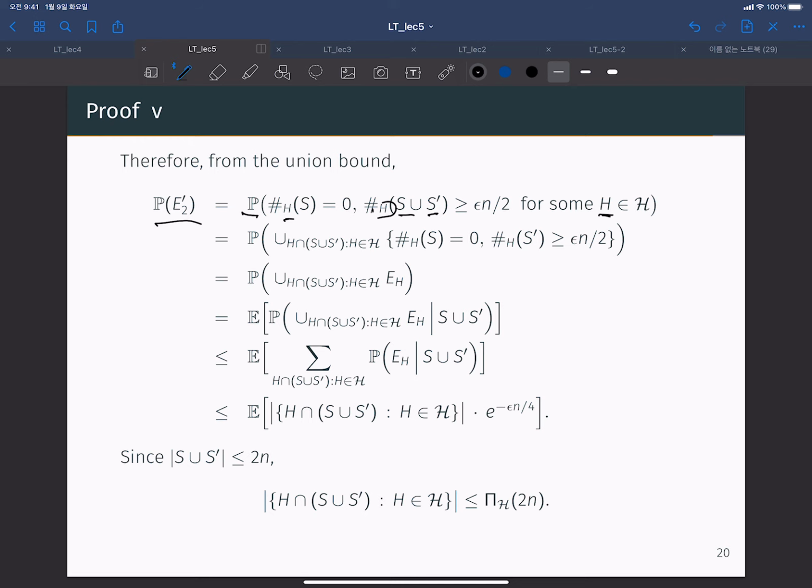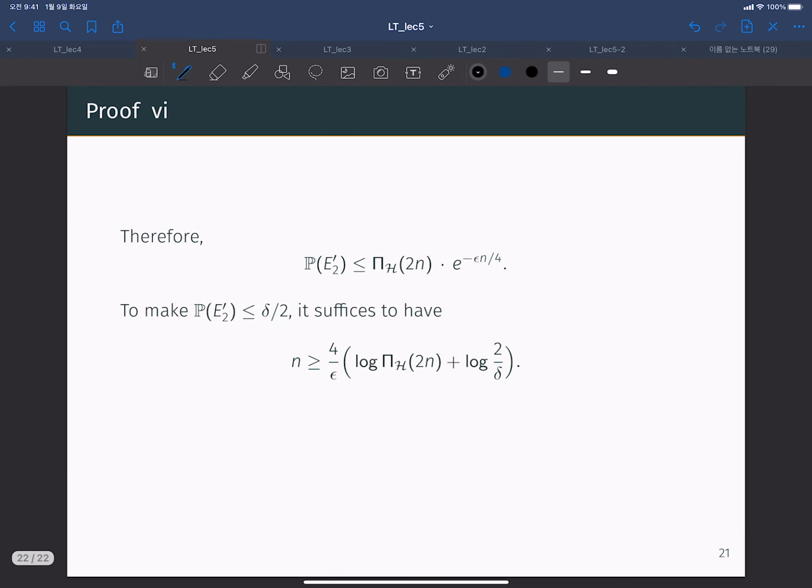Then apply the union bound and the previous page's result, we have this, and this one is upper bounded by the shatter function and VC dimension. Therefore the probability of E2 prime is upper bounded by this.